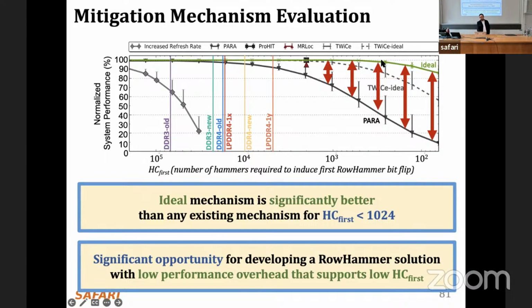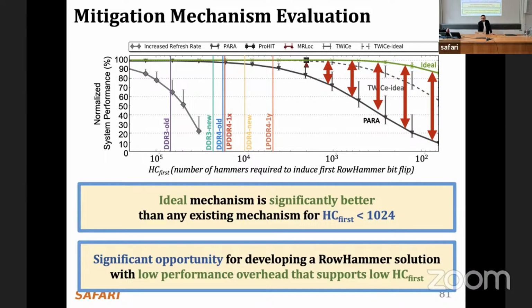So it goes with relatively lower performance overhead than the other mechanisms, and the gap between the best mechanism of each HC first value and the ideal keeps increasing, as you see, these red arrows are getting longer and longer. So it shows us that the existing mitigation mechanisms of the time, which is 2020, were not scaling as wanted with the worsened RowHammer vulnerability.